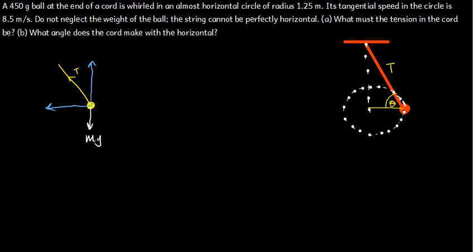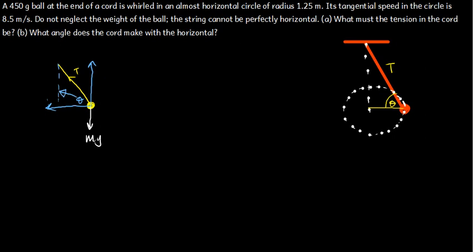So if we are talking about the angle theta here, we can see that if we draw a line which is parallel to the y component, this is going to be opposite.